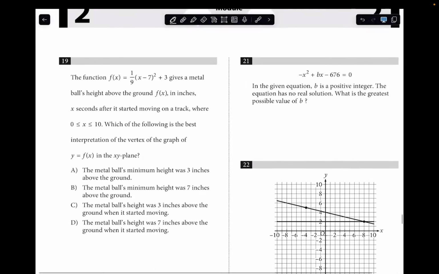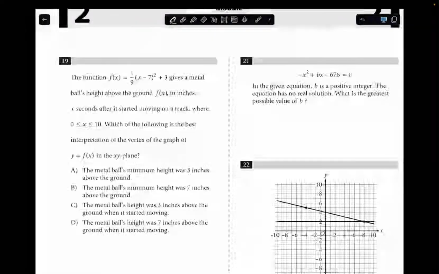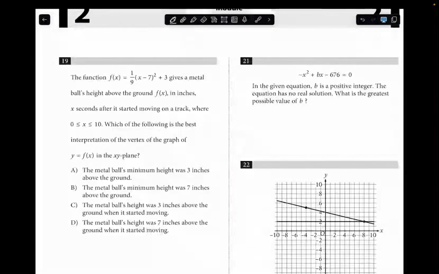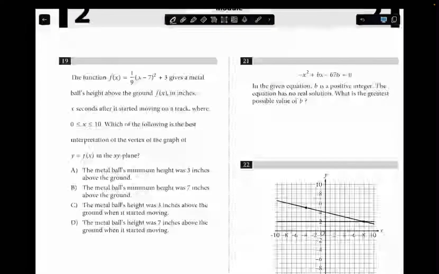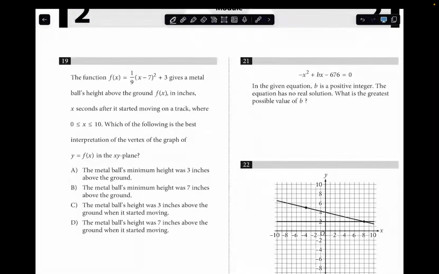The function gives the metal ball's height above the ground in inches after it's thrown or started moving on a track between 0 and 10. I assume it's seconds. Which of the following is the best interpretation of the vertex of the graph in the xy plane?